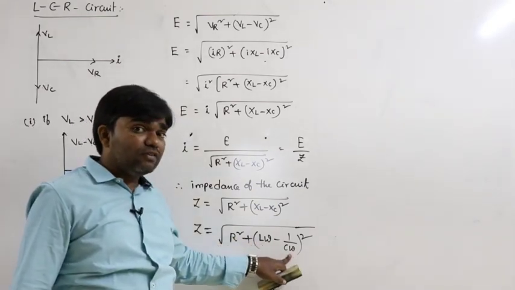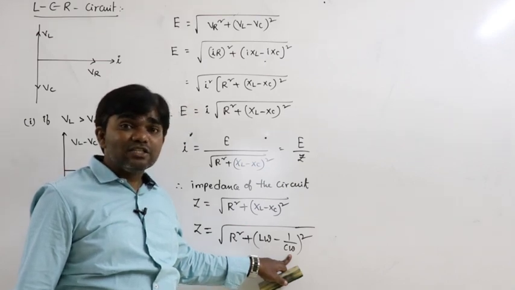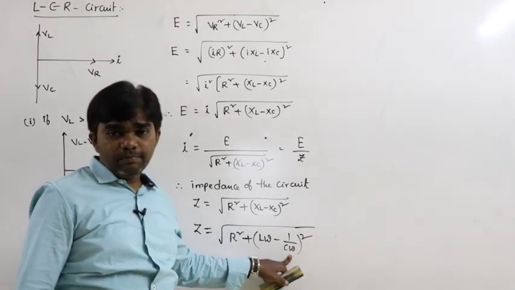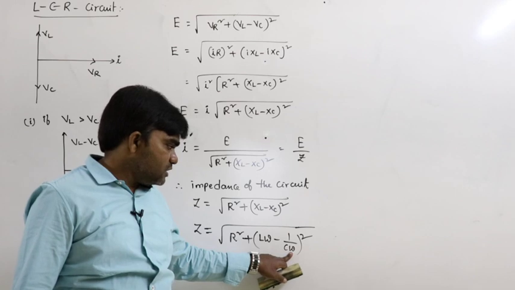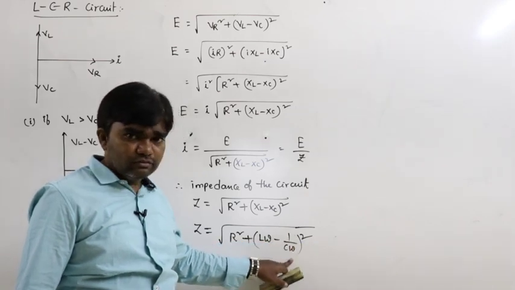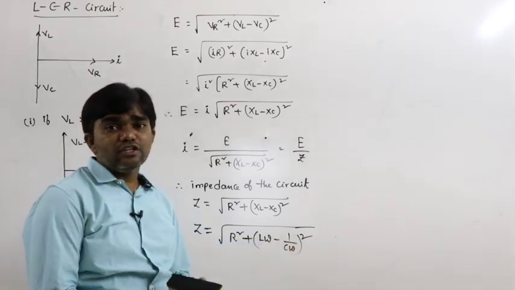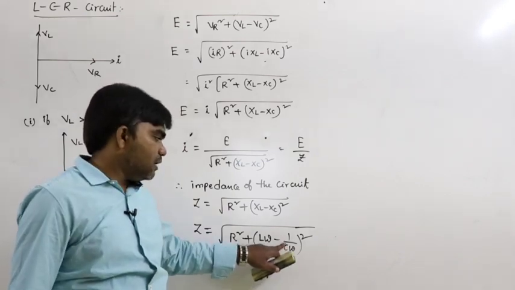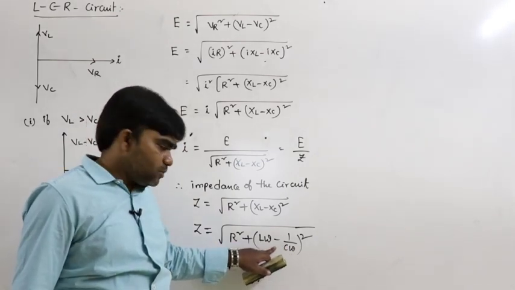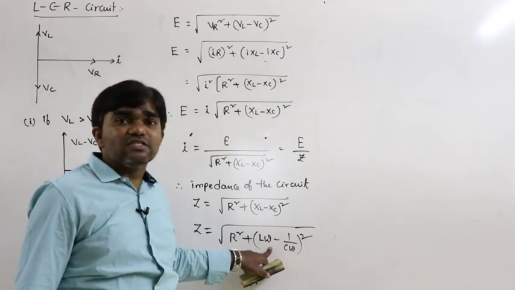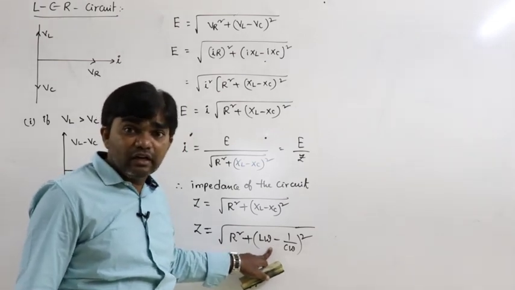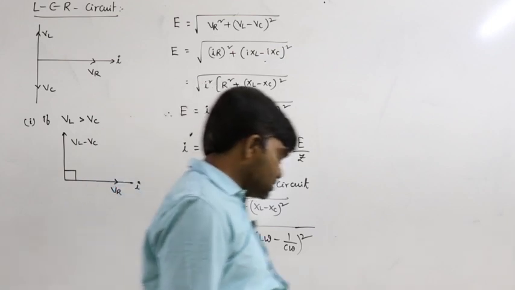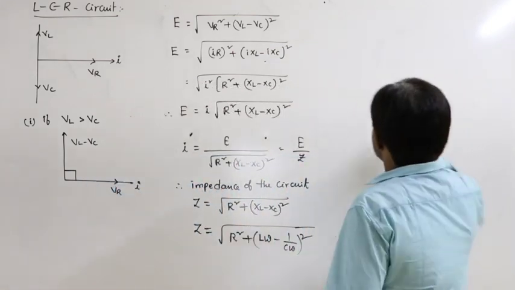If alternating frequency increases, capacitive reactance decreases, because f increases, 1 by f, denominator increases, the total fraction decreases. So that's why, if alternating frequency increases, impedance of the circuit also increases.